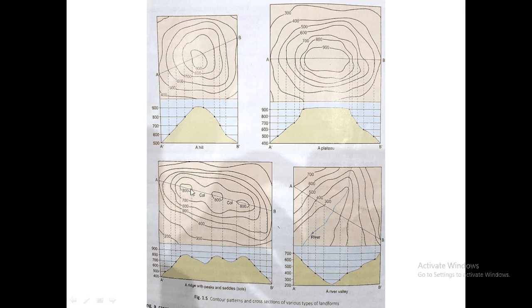So in this, again the contour values are increasing towards the center. Okay, so from 200 to 300, then 400, 500, 600, 700, and 800. So all the ridges are having 800 meter height.